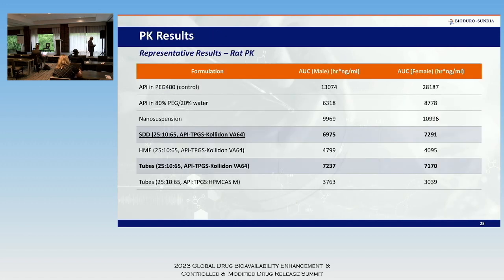So once we did that, this is the bioavailability that we got from the system, all these systems, as you can see: the solution in PEG water, nanosuspension, and spray-dried dispersion and HME, and the tube results. The tube refers to the microtubes that we saw earlier, where we do film casting and evaporation of the solvent.